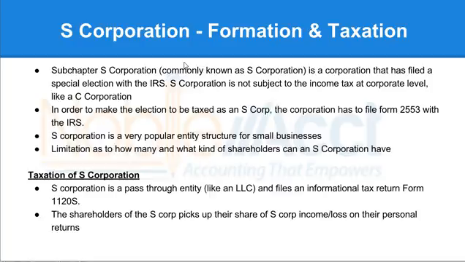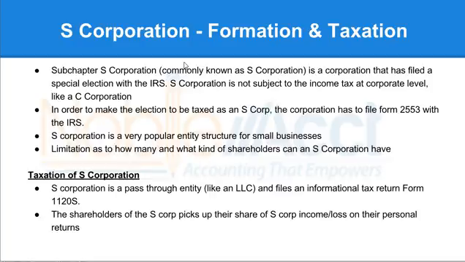Now, S corporations are one of the most popular business entity structures, but there are some limitations as to which businesses can choose to be an S corporation. For example, it cannot have more than 100 shareholders.